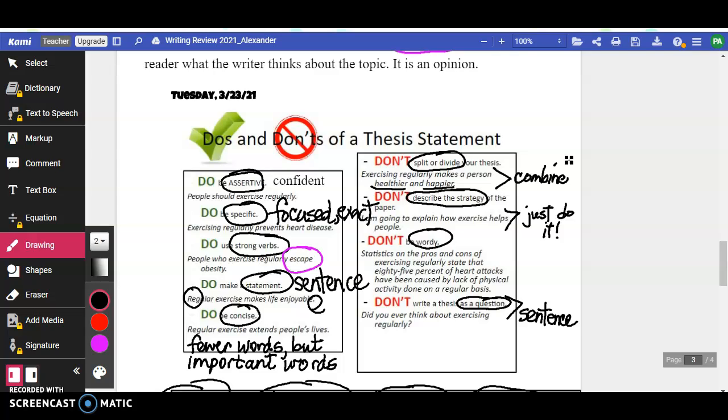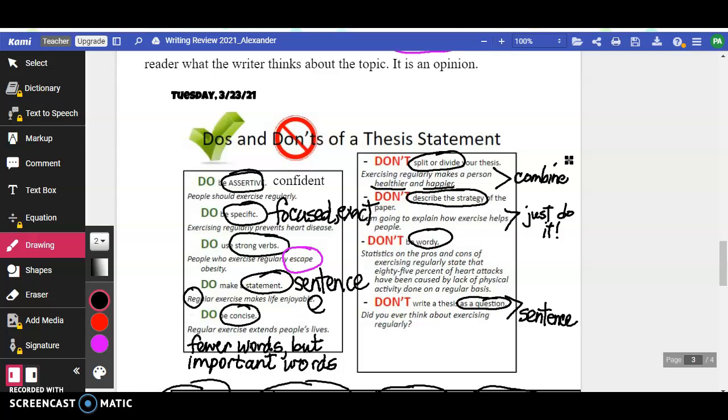I always say that this ignores what I call the Nike philosophy. Don't tell me you're going to explain. Just do it. Don't tell me that you're going to tell me about something. Just do it.